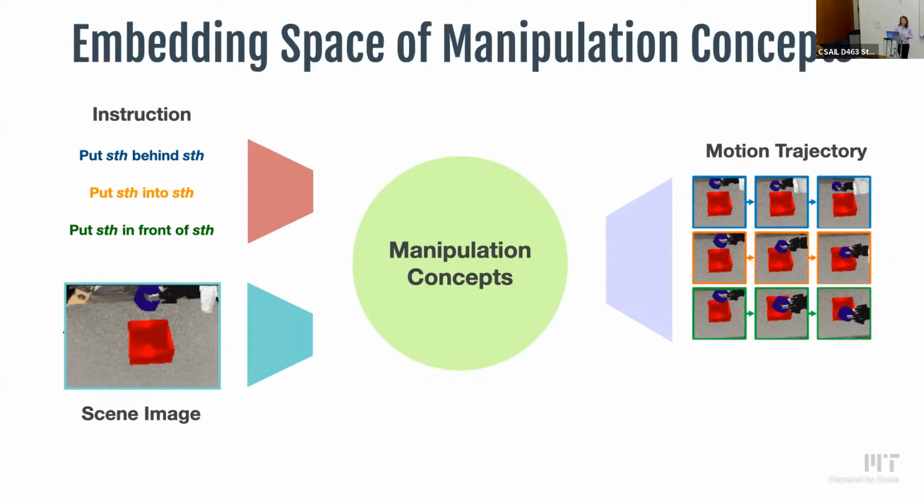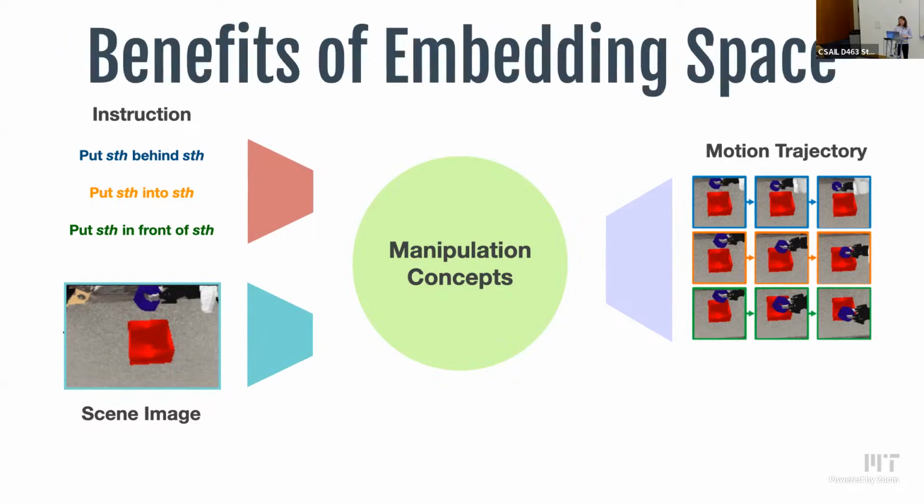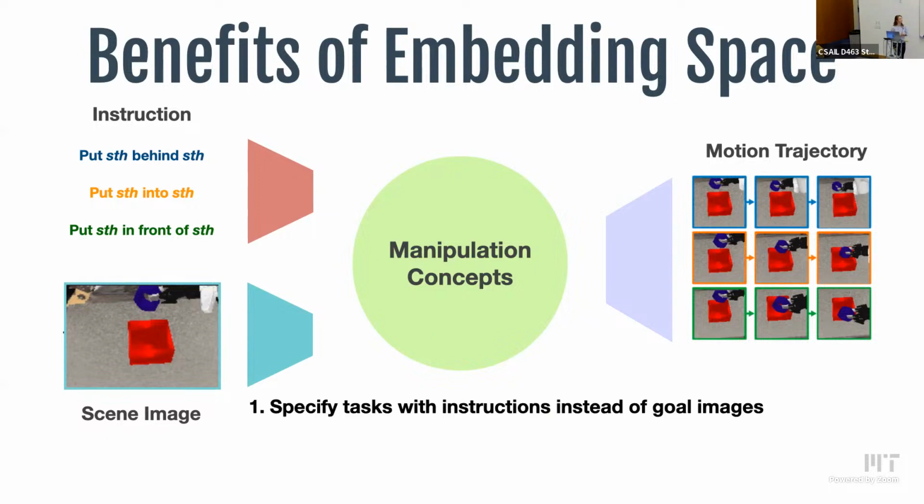To achieve this goal, we constructed an embedding space that associates task instructions in natural language and scene images with motion trajectories. Constructing this embedding space has multiple benefits. First, we can specify a manipulation task with natural language instructions instead of goal images, which is something that had been done a lot at the time of this work.